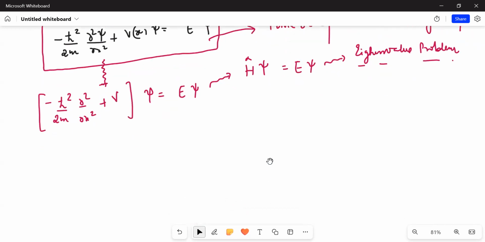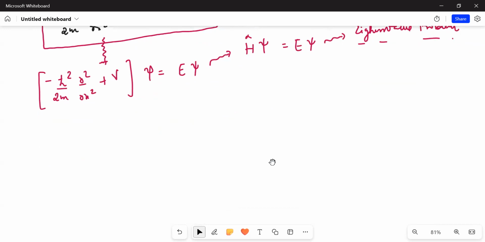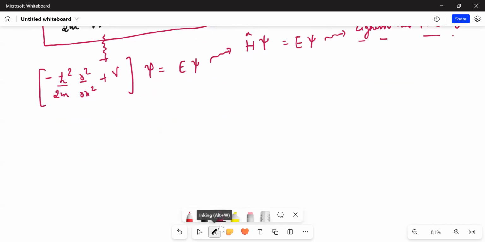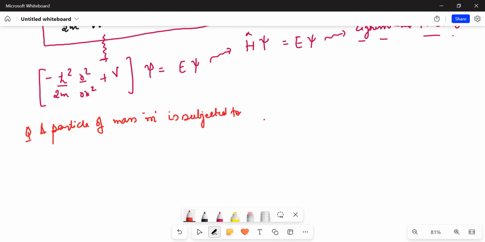Now, let us try to do a few questions on this particular concept. A particle of mass m is subjected to the potential energy V(x) equals half of kx².